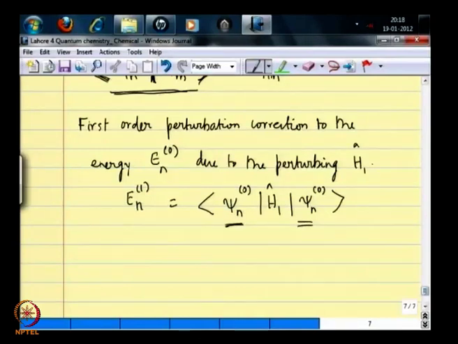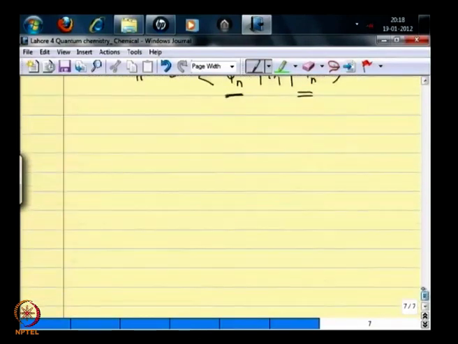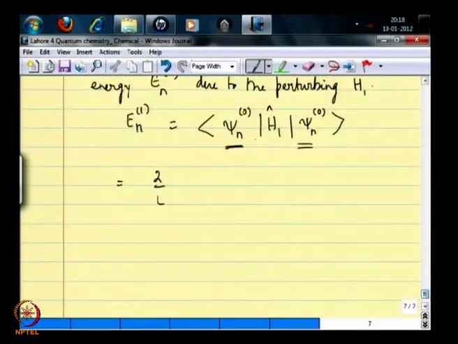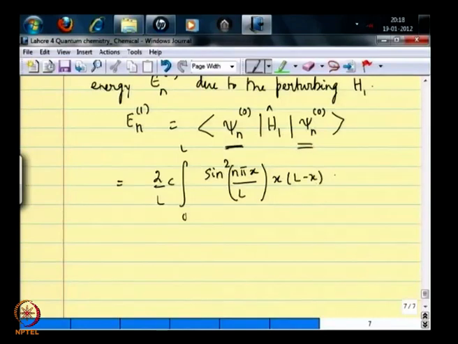Therefore, it is a simple integral to calculate. In the integral result, this will turn out to be 2 by L, which is due to the root 2 by L squared, the integral 0 to L, and the psi n zeros are, since the Hamiltonian is only a multiplicative term here, sine square n pi x by L, and the constant, the H1 simply multiplies x into L minus x dx.